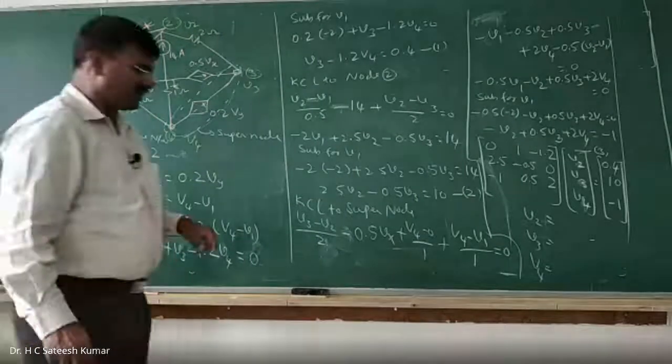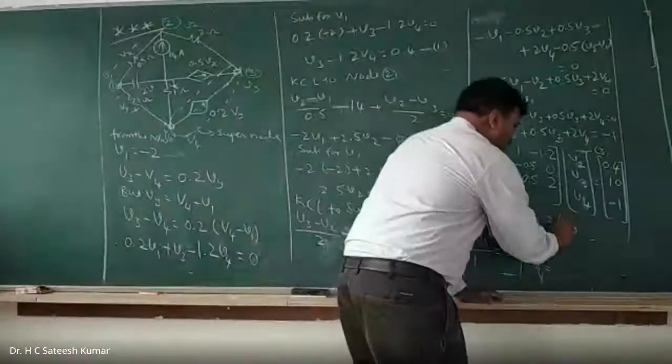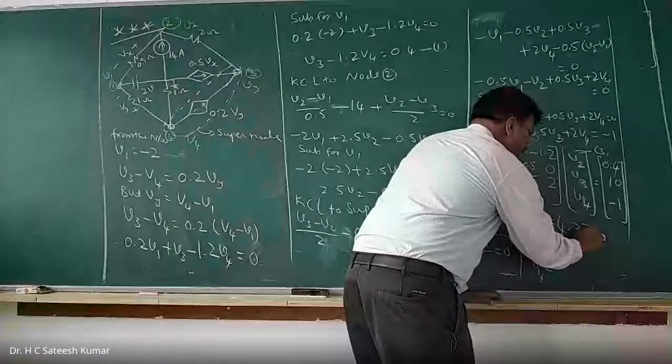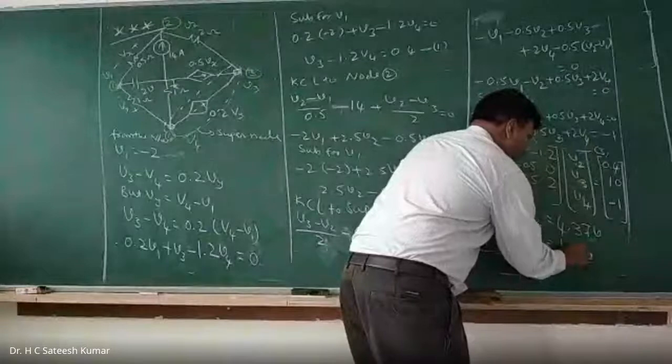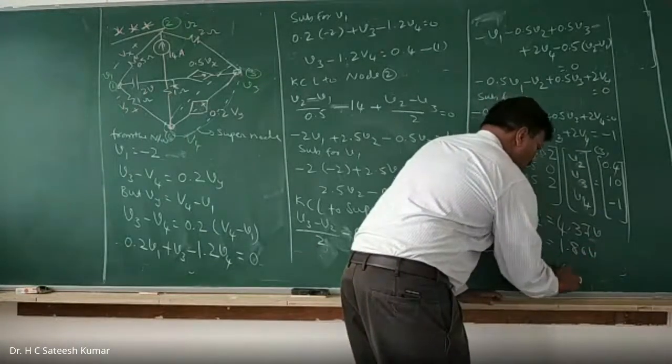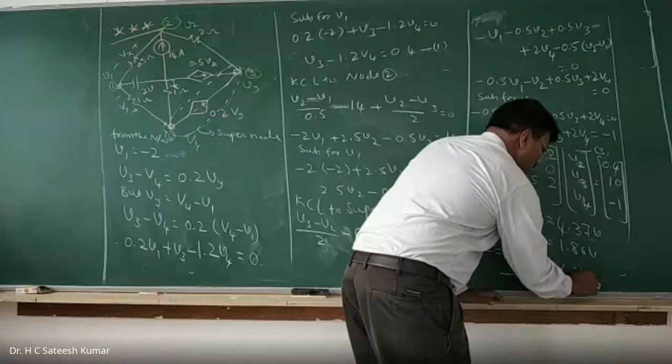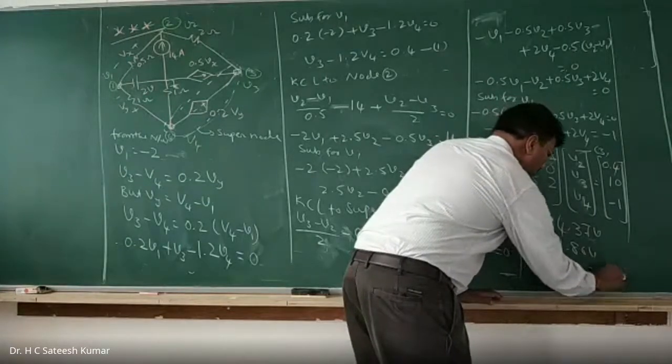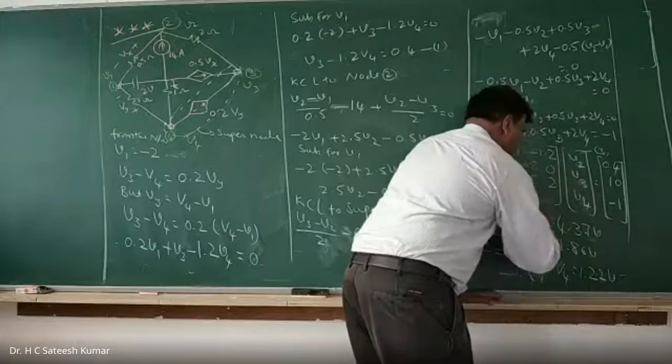4.37 is right. V2 is 4.37. V3 is 1.86. V4 is what? 1.22 volts. I think this is the right answer.